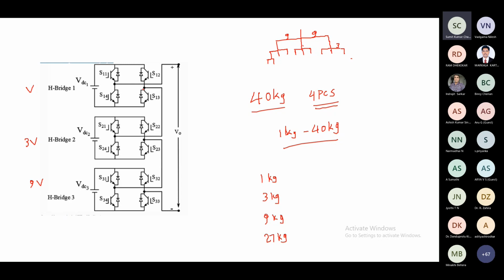So with a limited number of switches, earlier using this same structure, 3 H-bridges, we were getting 7 levels, right? Now how many levels will we get here?